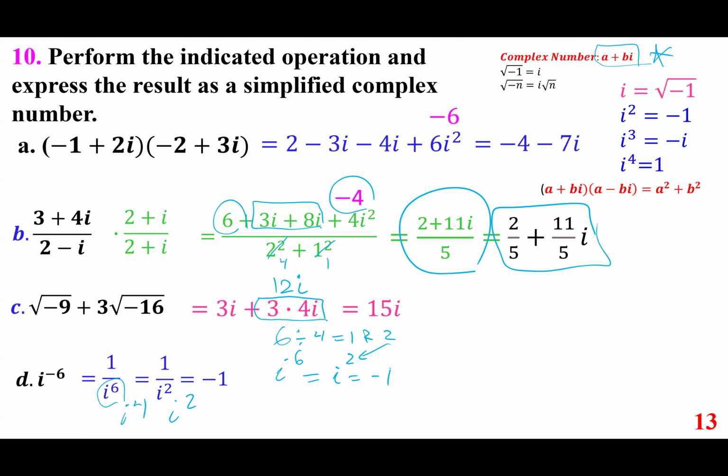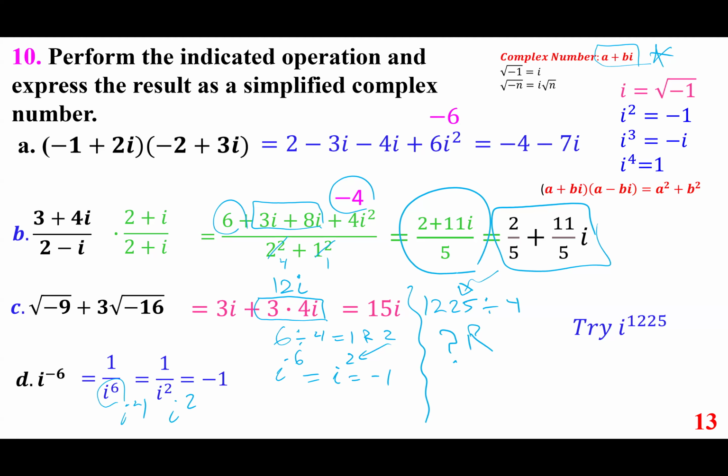So you divide by 4. For example, if I want to find i to the power of 1225, I have to divide 1225 by 4. It doesn't matter what the answer is. What matters is the remainder.